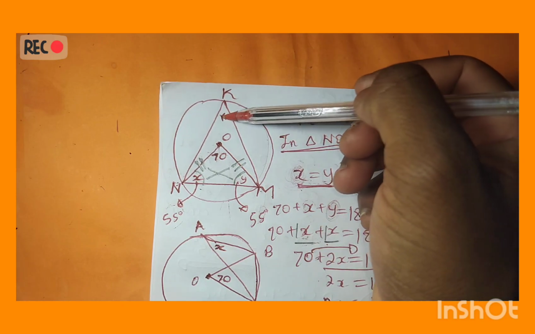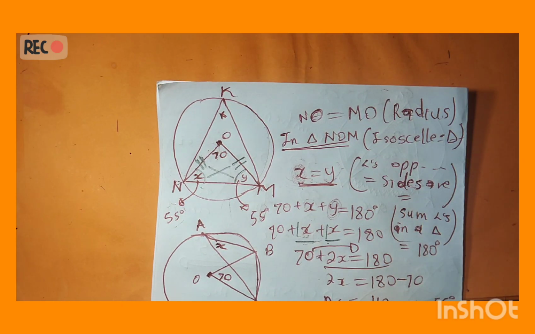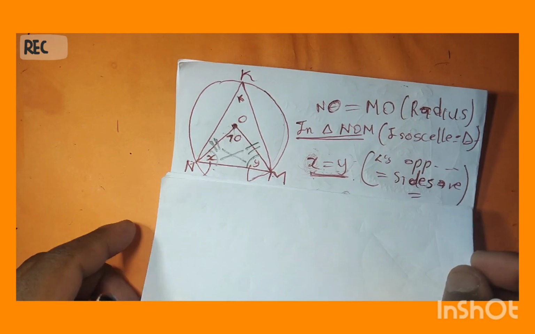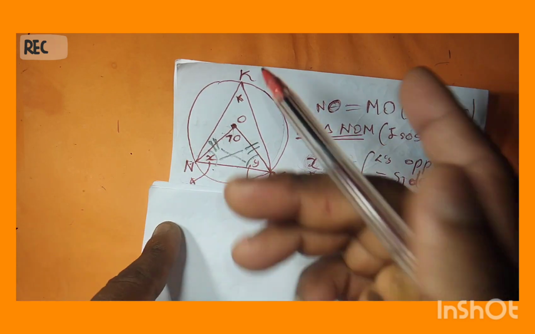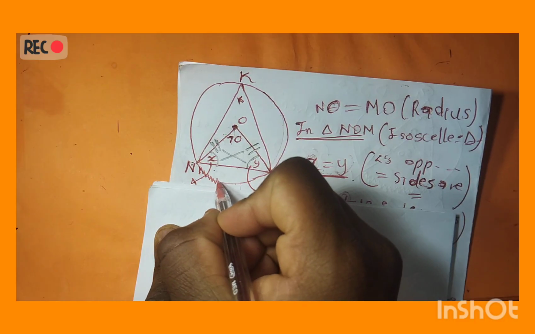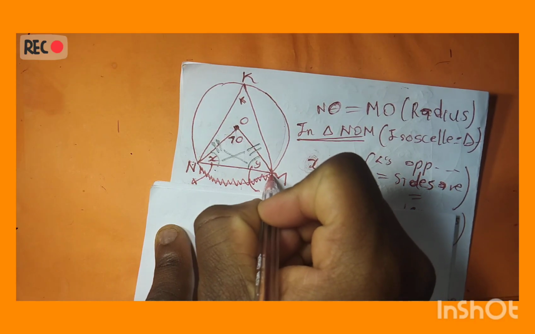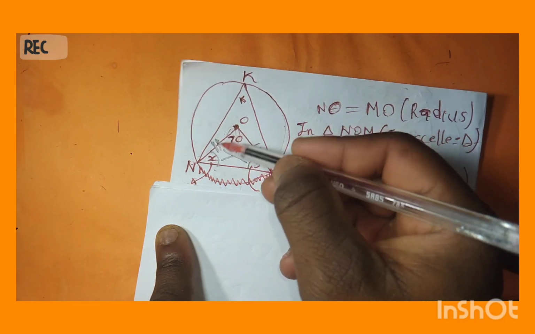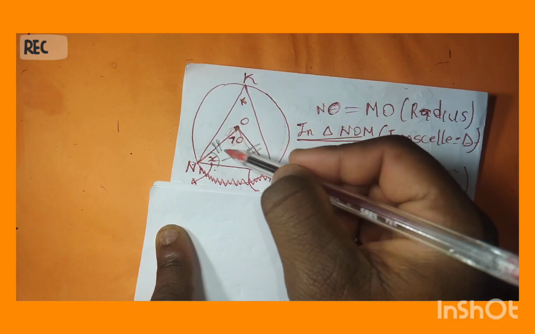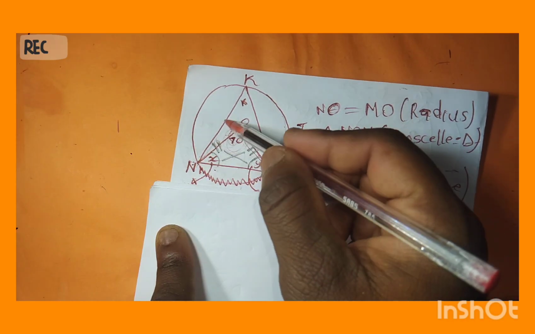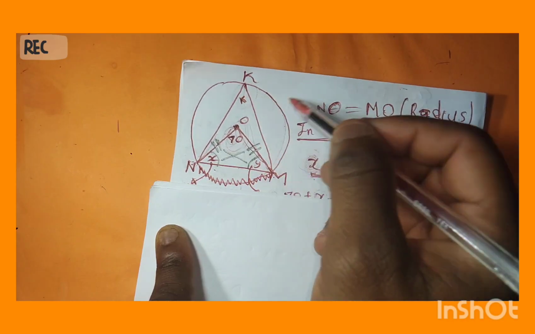For you to solve for k, solving for k is straightforward. This is what you can do. Do you notice that here we have what we call an arc? That arc forms the angle at the center, which is equal to twice the one it forms at the circumference.